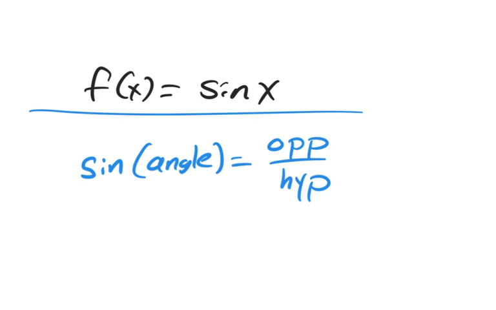So I need to set up a set of rules that will allow me to only get one answer. Because I really like functions. Functions are really cool. And if I can always get the same answer, that makes my life a lot easier than having to worry about the other situations.